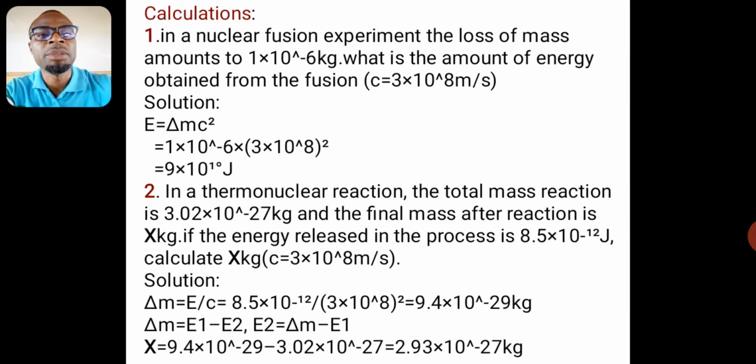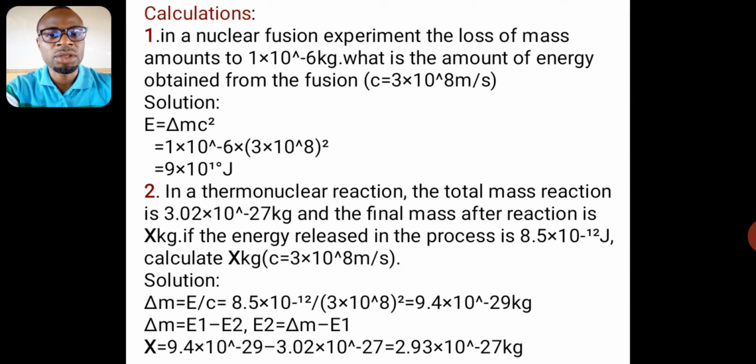If we do the multiplication with our punch cards, we will have the final answer to that question, that E, the energy released, is equals to 9 times 10 raised to power 10 joules.